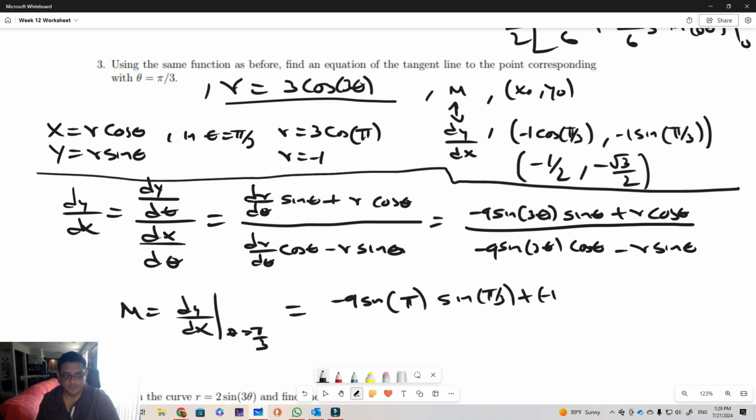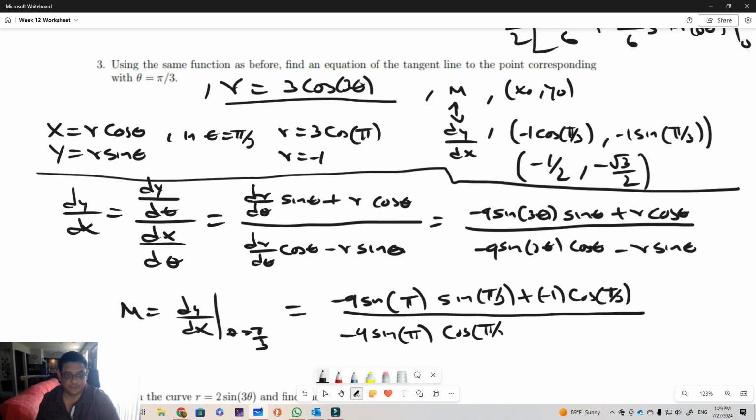And of course this is minus 1 cosine of pi over 3. And then again minus 9 sine of pi cosine of pi over 3. And then minus 1 sine of pi over 3.